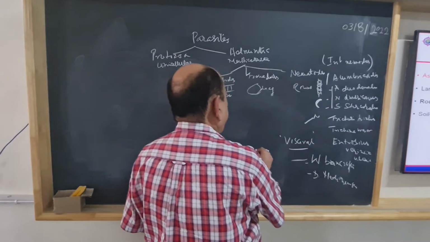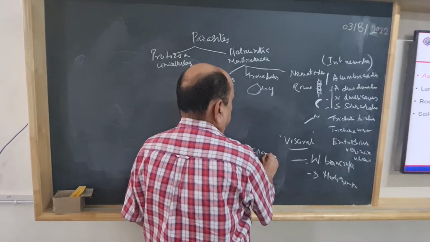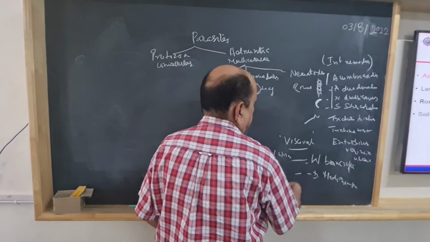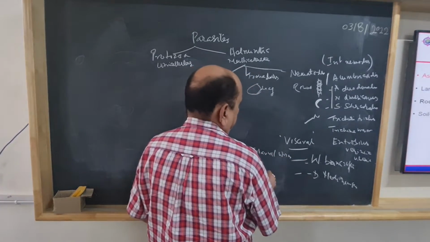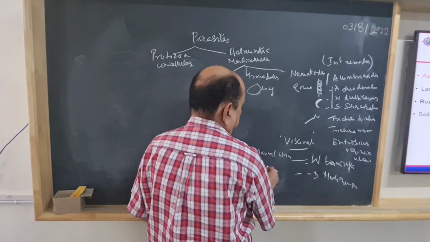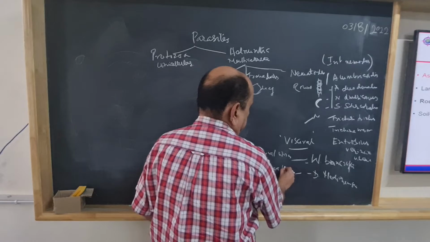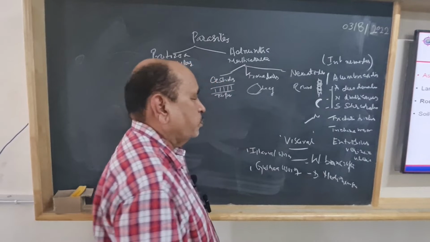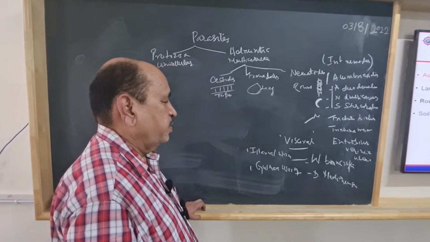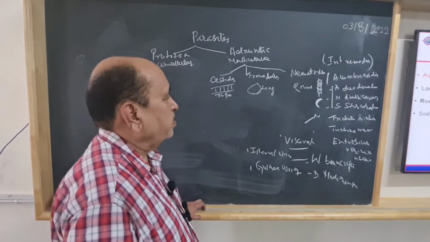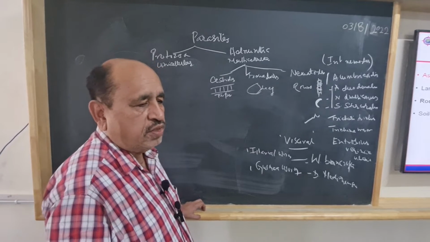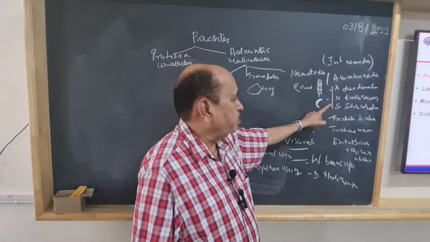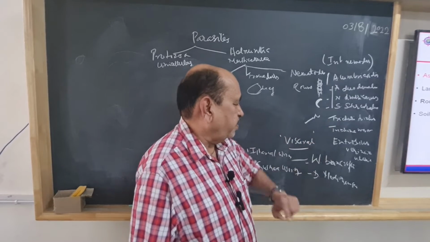This is commonly called filarial worm, and this is called guinea worm. So how many worms in total? 7 plus 2, 9. 1, 2, 3, 4, 5, 6, 7, 8 and 9.